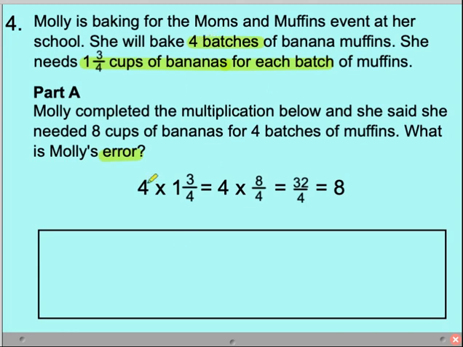Okay, so 4 batches times 1 3/4 equals 4 times 8/4, which is equal to 32 fourths, which is equal to 8.